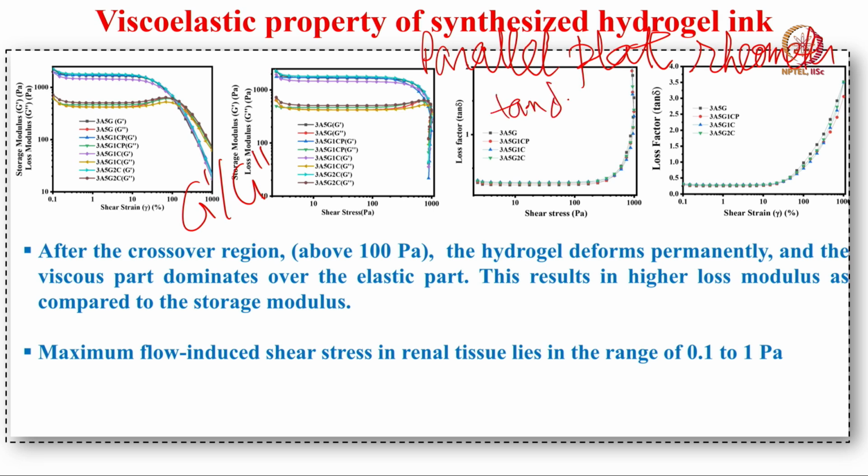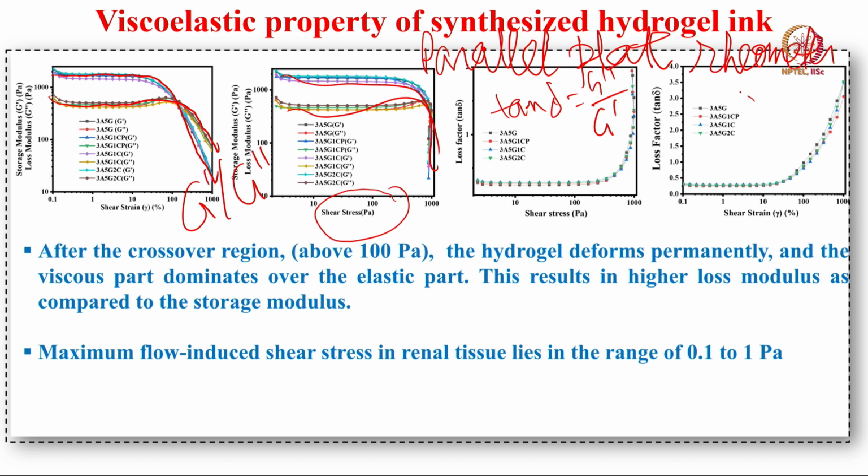Tan delta is essentially G double prime by G prime, the loss modulus to storage modulus ratio. As expected for these kinds of hydrogels, with increasing shear strain, both G prime and G double prime should decrease, particularly at high shear strain. It is the same with shear stress: at high shear stress, the storage modulus and loss modulus also decrease.